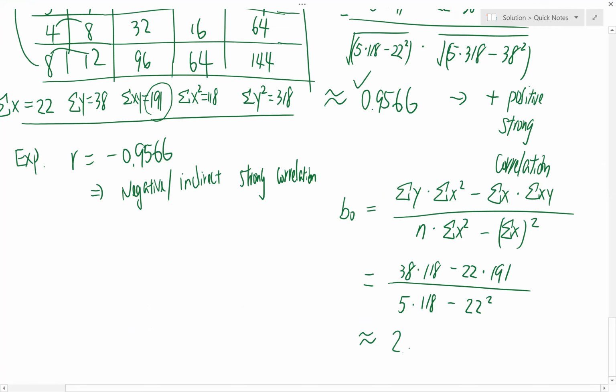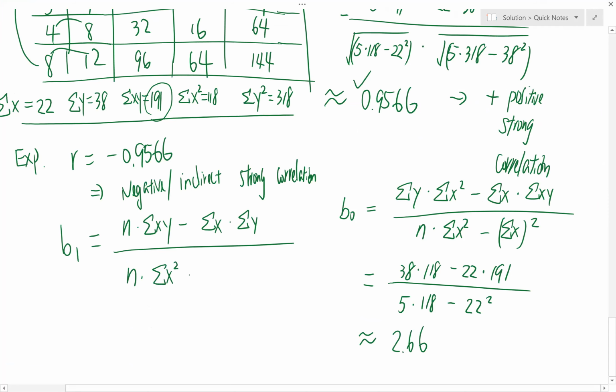Then let's take a look at B1, right? Put it side by side. B1 is n, the sample size, times summation of xy, minus summation x times summation y, and dividing by the denominator, which is the same for both calculations: summation x squared minus summation x, squared. Again, we copy the numbers from this prep work.